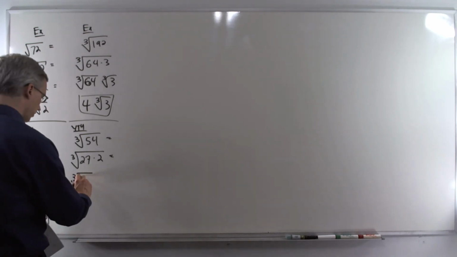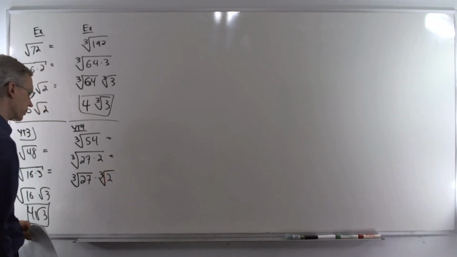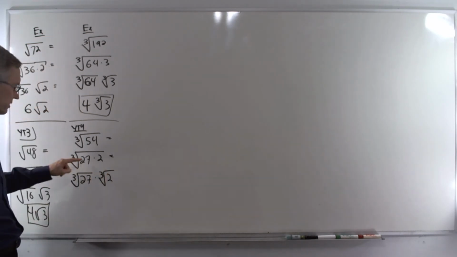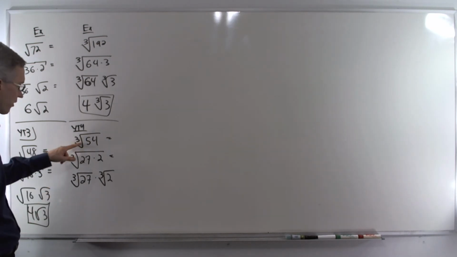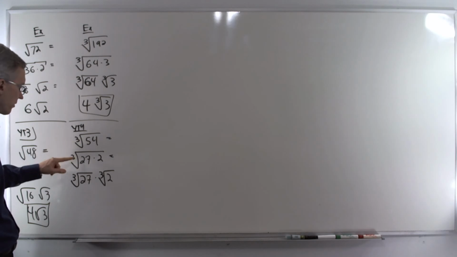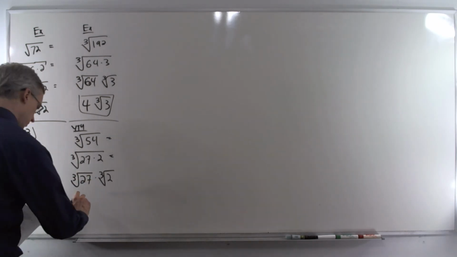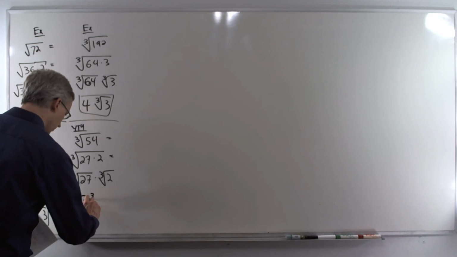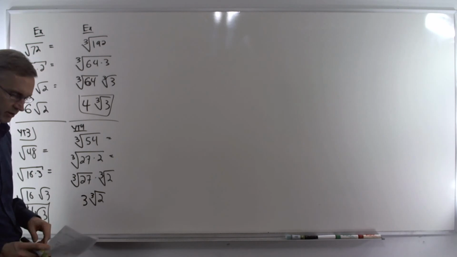Now use the product rule to break it up into 2 separate radicals. And make sure when you're doing this, you're always keeping the same index. Never change the index. I see a lot of students will start off with the third root. As soon as they start using the properties, they just leave it off and start writing square roots. All right, evaluating, we get 3 times the third root of 2.